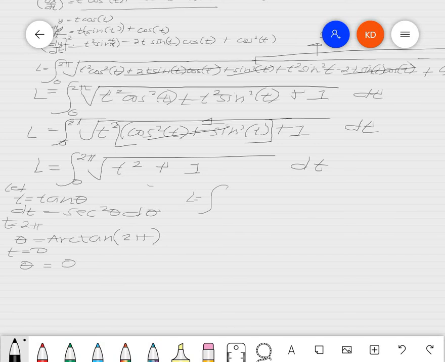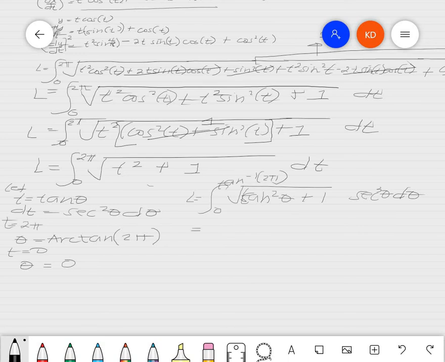This is equal to the integration of the square root of tangent squared theta plus 1 times d theta, which is secant cube theta d theta, from 0 to arctan of 2 pi.